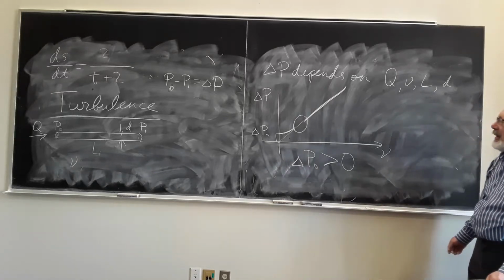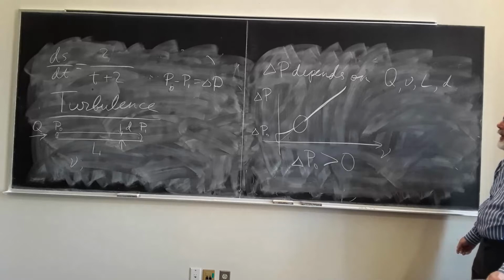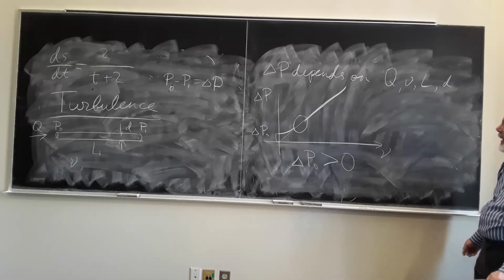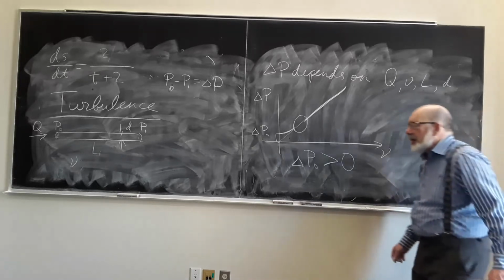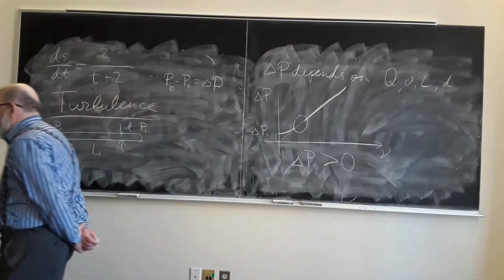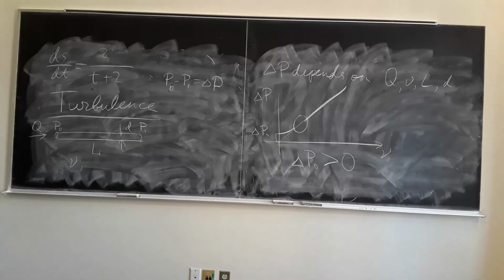So this is the experiment, possibly the most reliable experiment in the whole of physics. And so we see that there is practically no explicit friction, no explicit viscosity, and we have considerable loss of energy.